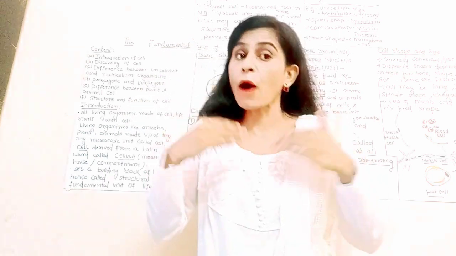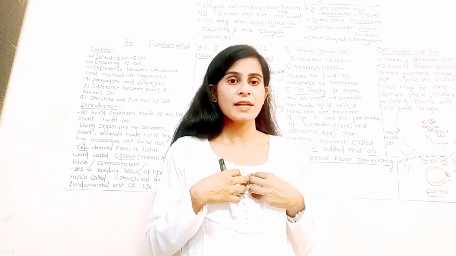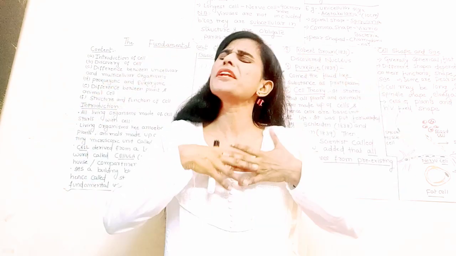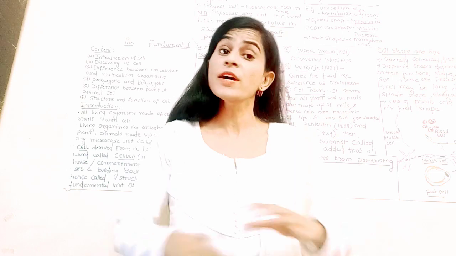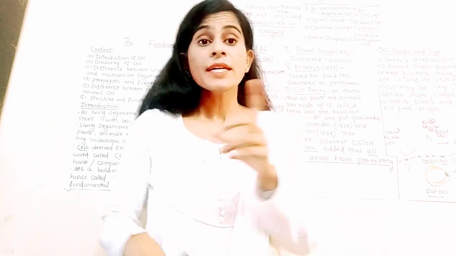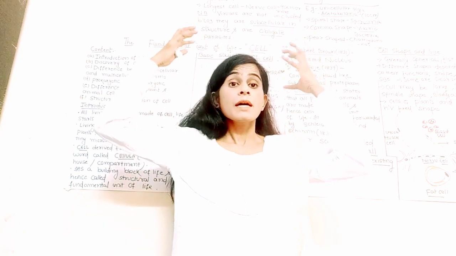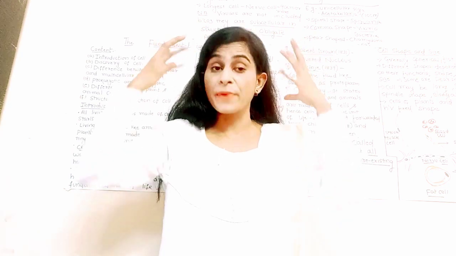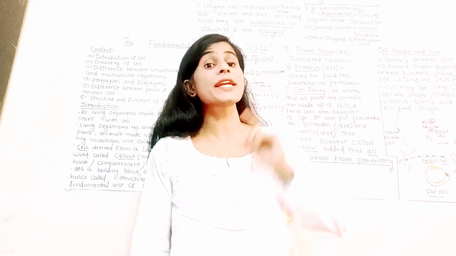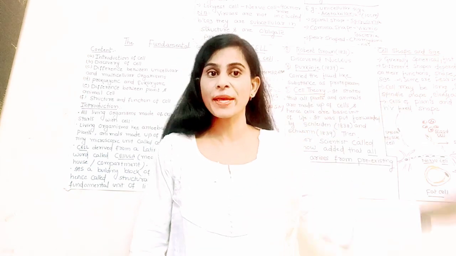And how can I forget myself? My body from head to toe is made up of a number of cells. It has been said that the nerve cells in our brain outnumber the stars in the Milky Way.